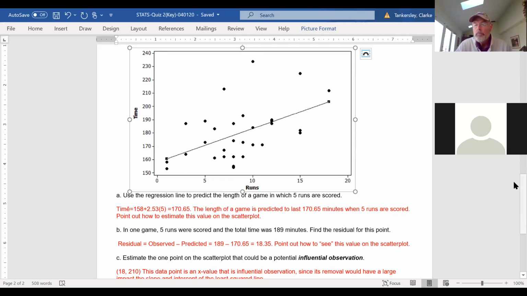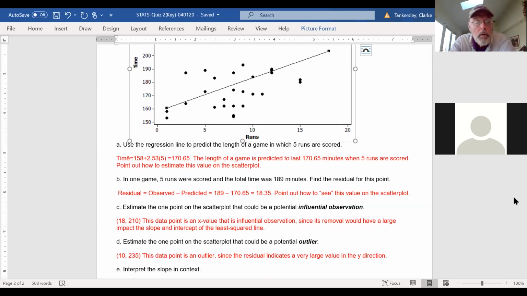Also for C and D, if you were around the same points, like within 1 to 2, like I had 11, 235 for D, would that be fine? Oh, absolutely. My eye is as good as your eye, and I'm wearing glasses, and I might have got that one without my glasses on.